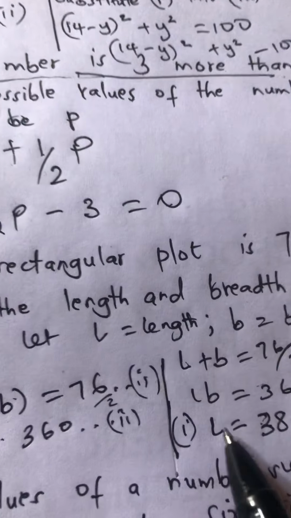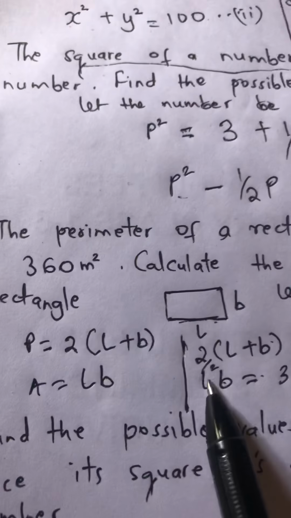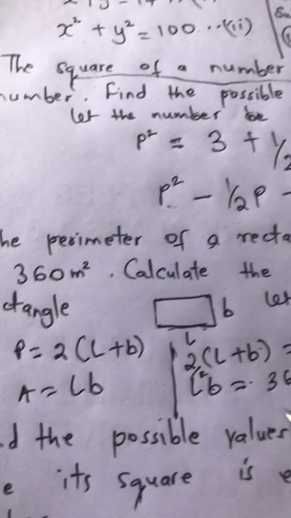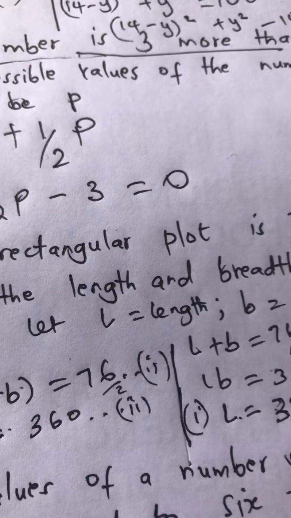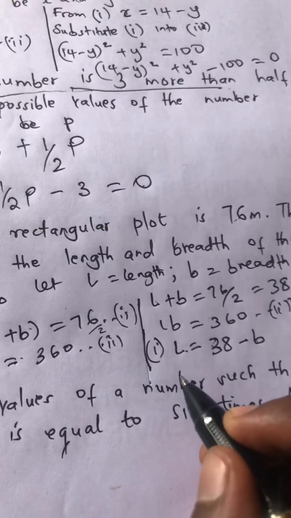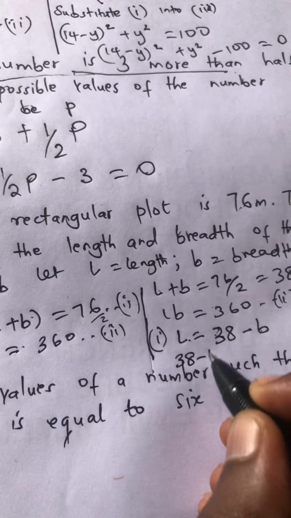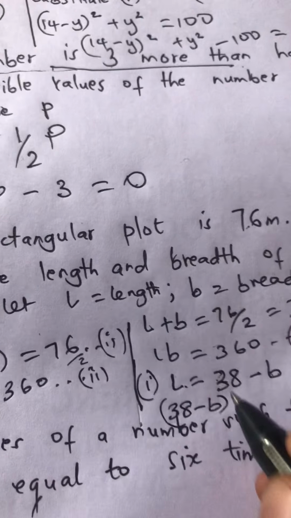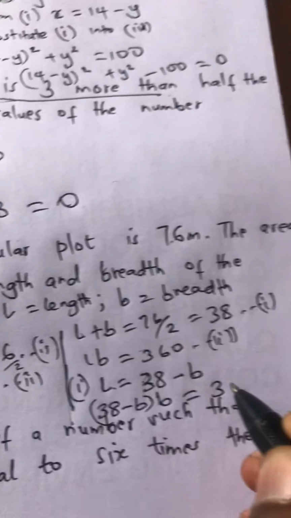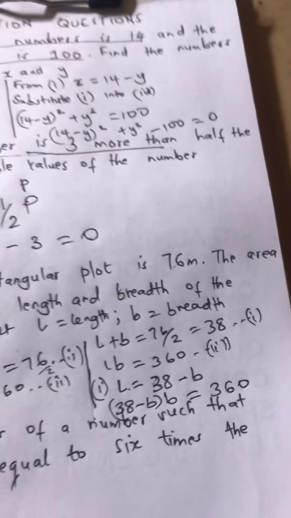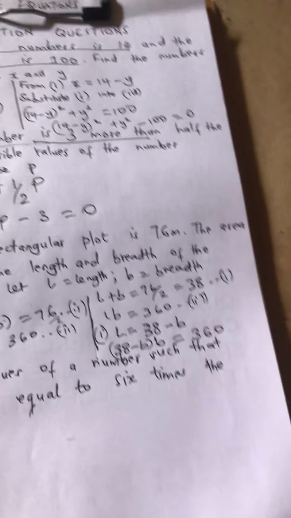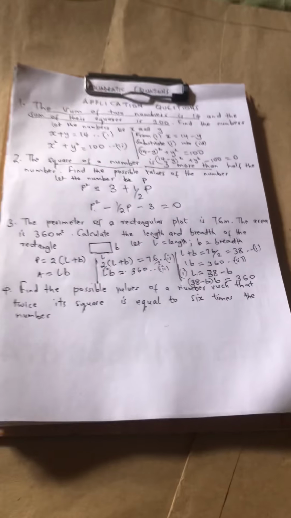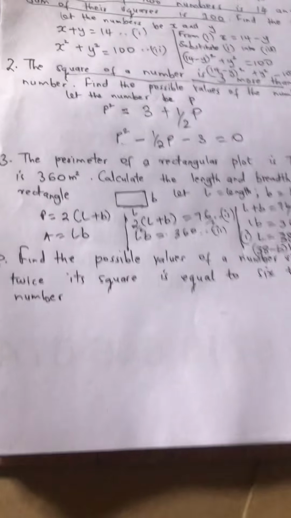Yaani mahali kuna L kwa hii equation ya pili, nitaweka 38 minus B, which will be 38 minus B multiplied by B is equals to 360. And then as you can see, that is a quadratic equation. Continue from there and solve it.